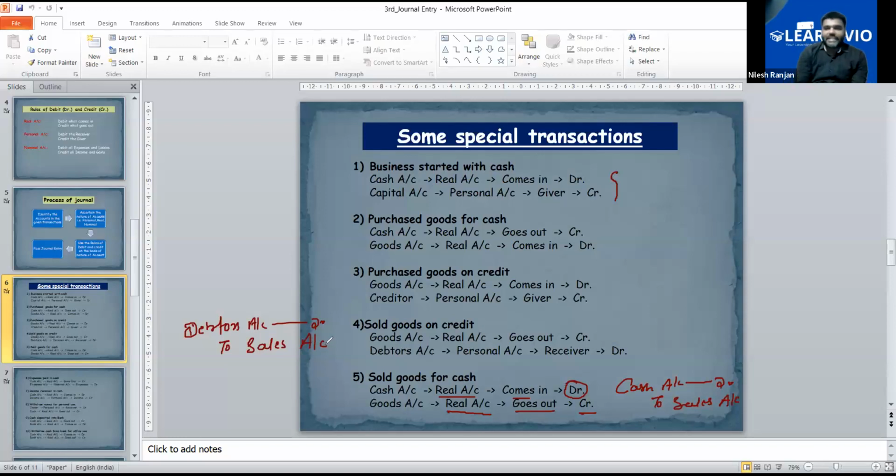Okay, actually in cash transaction, he is not only the receiver, he is the giver also. In cash transaction, he is receiving goods, that's why he is a receiver, and he is giving cash, so that's why he is also the giver. So you can cut these two. That's why the debtor account is not recorded.